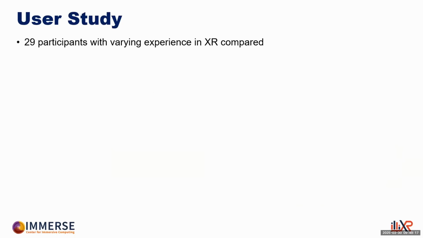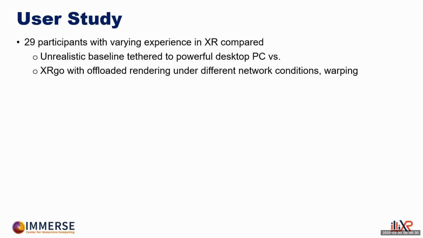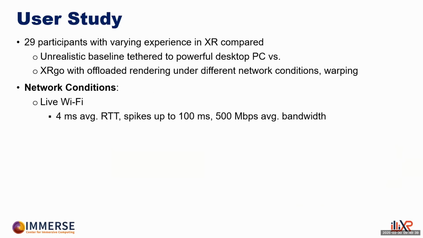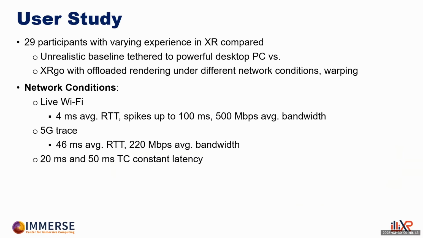Our entire study evaluated 29 users with varying experience in XR, and they were asked to compare an unrealistic baseline, which was tethered to a powerful desktop machine, against a bunch of different offloaded permutations with different network conditions and different warping algorithms. So we used 4 network conditions, which consisted of live Wi-Fi, a collected 5G trace, and then we also simulated a constant 20 millisecond and 50 millisecond latency using TC, as Shinjin mentioned before.